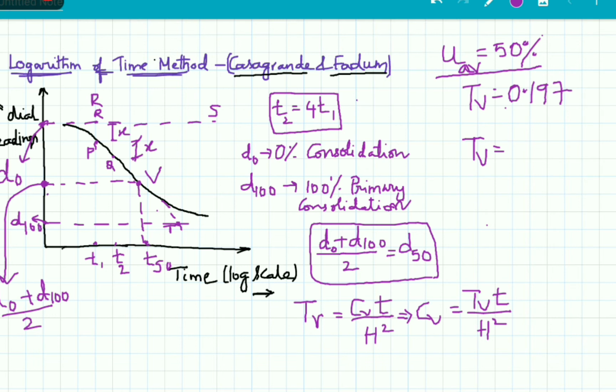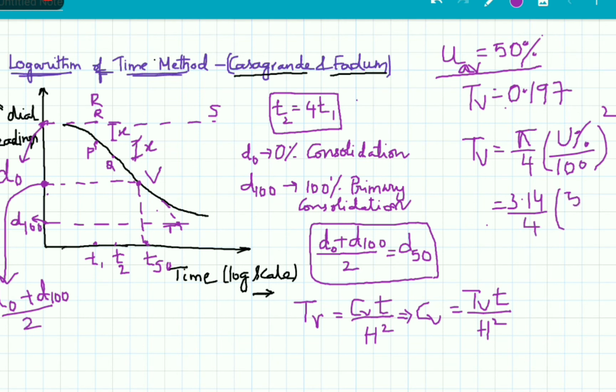So the time factor value is obtained from time factor equal to pi by 4 into U% divided by 100 whole square, which is equal to 3.14 divided by 4 into 50 by 100 whole square. So that is 0.197.